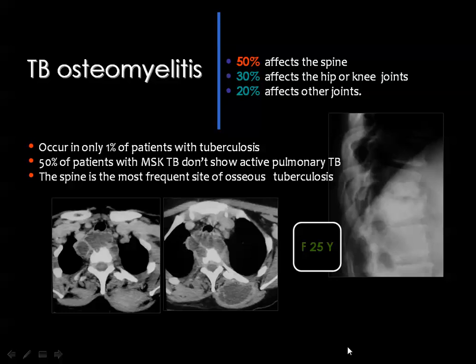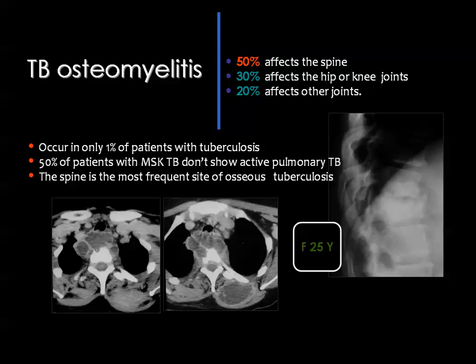One of the types of osteomyelitis is TB, which is commonly seen in the spine, but can also be seen in major joints, particularly the hip and knee, and also in other smaller joints. In the spine, I will discuss this in detail when I talk about inflammatory diseases of the spine.